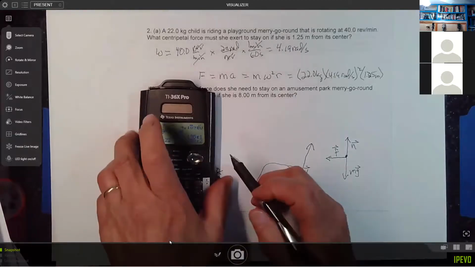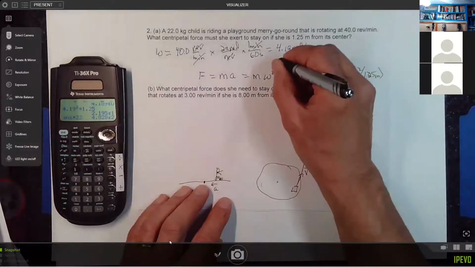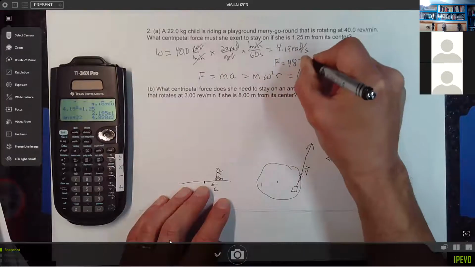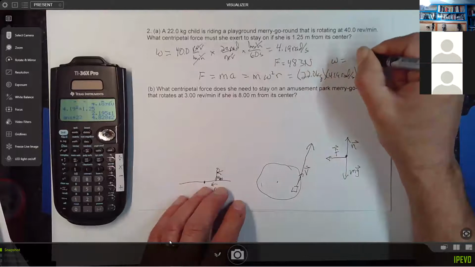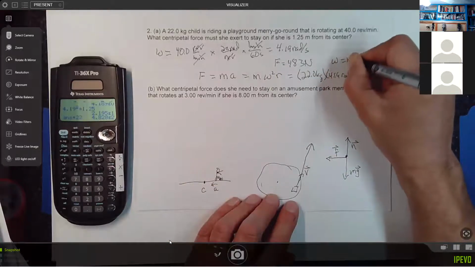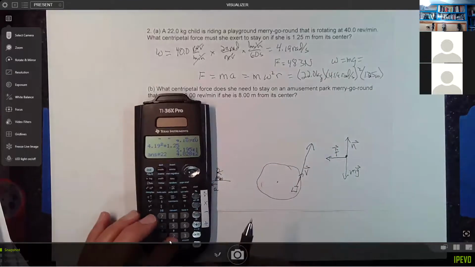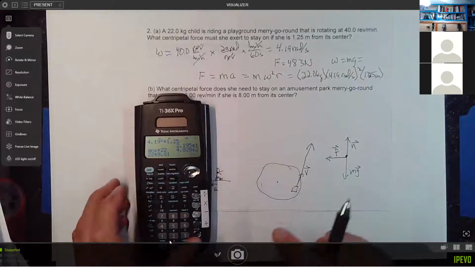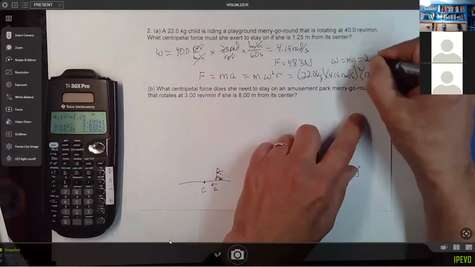and we get 483 newtons. And compare that to her weight, which is mg. It's just going to be 22 times 9.81. So it's about 216 newtons.